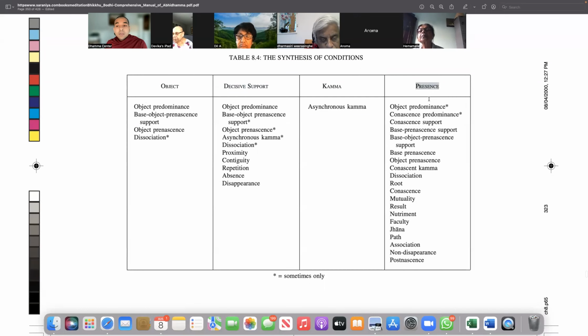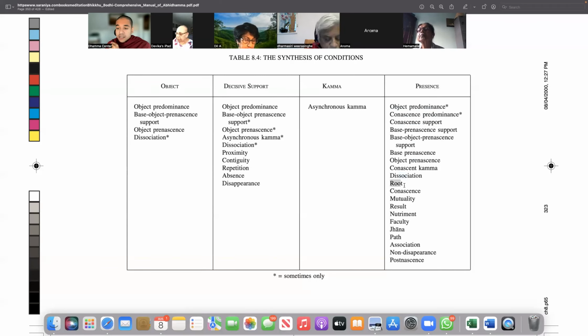Right. Now when you look at atthipachaya here, we have object predominance, arammana adipati pachaya, sahajata adipati, connascence predominance, connascence support, base connascence support, base pre-nascence support, base object pre-nascence support, base pre-nascence, object pre-nascence, connascent kamma, dissociation is vipayutta pachaya.